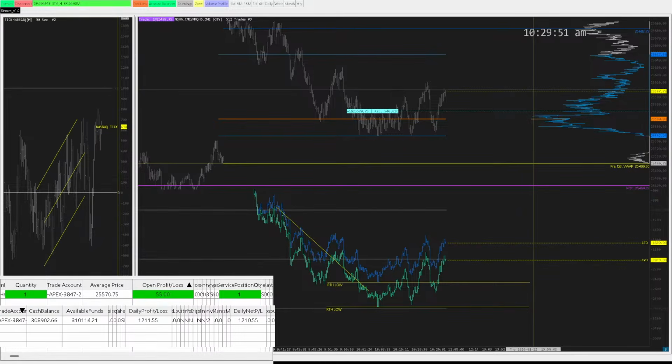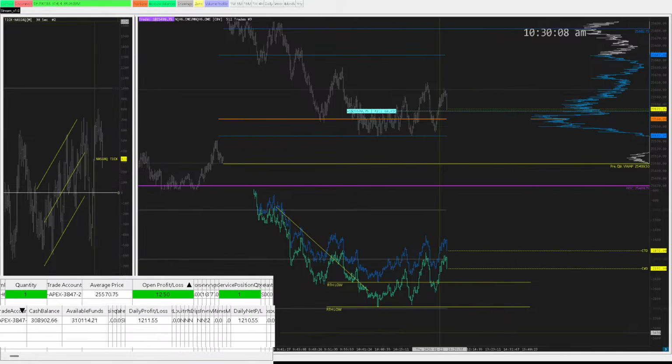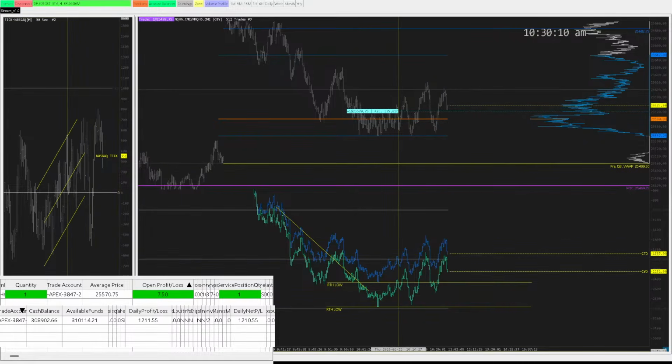Can you guys see that okay? You should be able to see the account monitor. So there's the account monitor, then the trade position. The green is the actual trade position. Just let me know if you guys can see it.